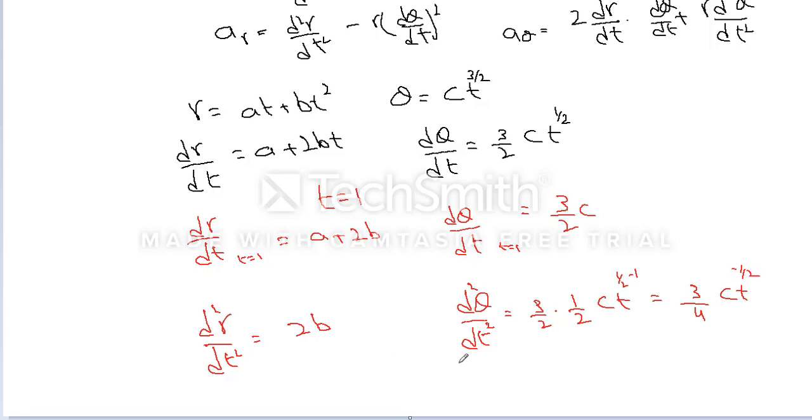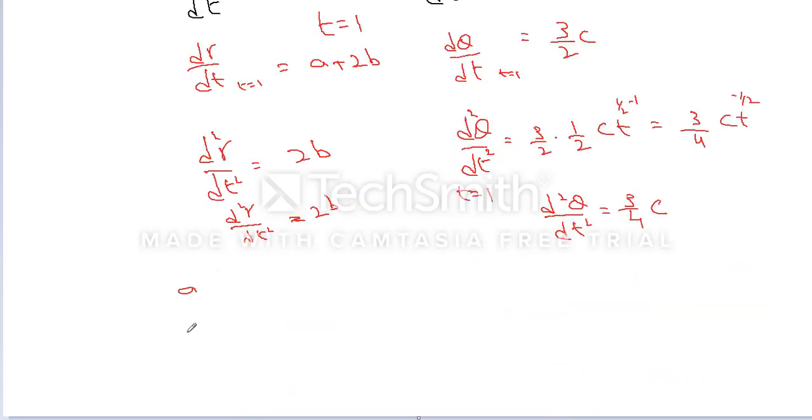And we have to find it when t is equal to 1. So d square r over dt square is 2b, because there is no t value in it, so this will be equal to 2b. Similarly d square theta over dt square, when you put t equal to 1, 1 power minus 1 by 2 is 1, so this is again 3 by 4 c.